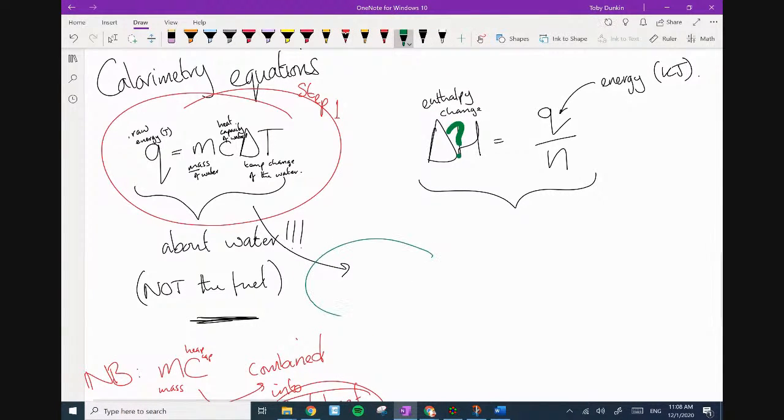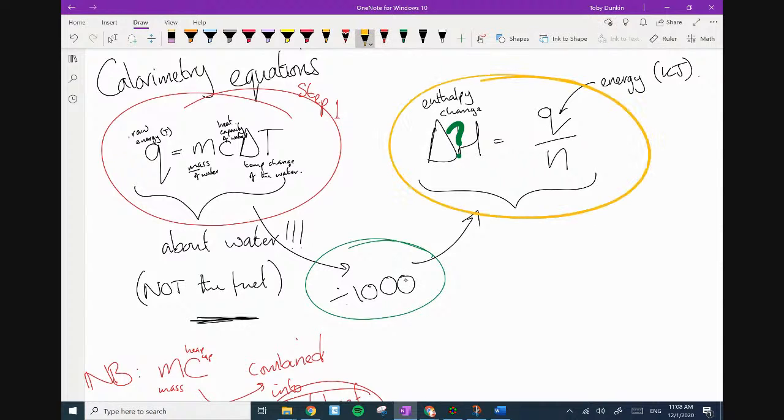Step 2 is to divide that answer by 1,000, because when you run Q equals MC delta T, it's going to spit you out in joules. And then you can bring it up to this equation for step 3. Just bear it in mind: step 2, step 3.